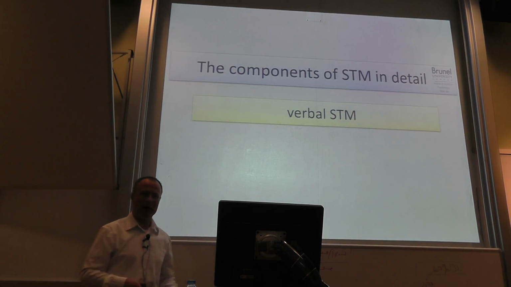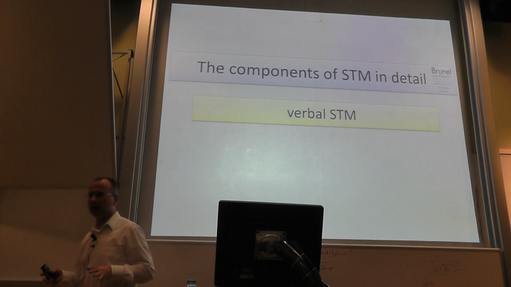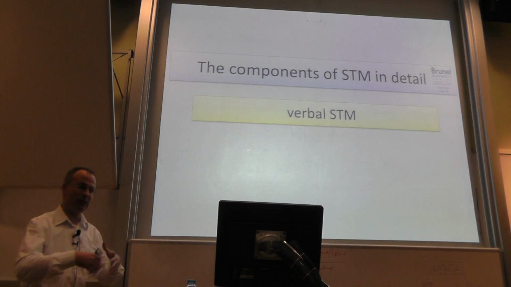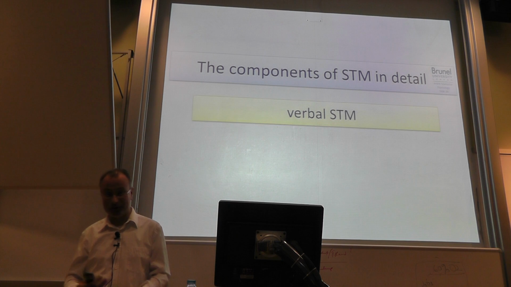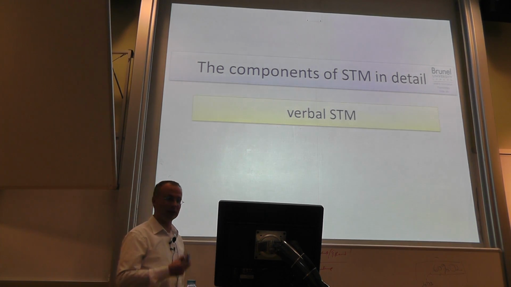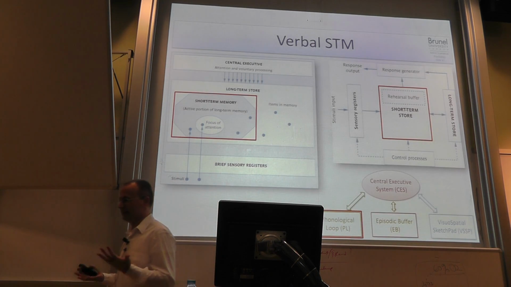Okay, so I would like to have a look, and this is the last section for today, at a closer look at verbal short-term memory, because this is one of the best investigated types of short-term memory, because it's easy to investigate, as we just have seen, as opposed to the more visual spatial types, and it's very relevant for our everyday life.